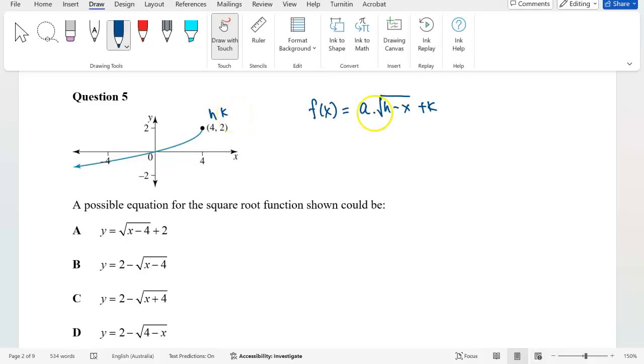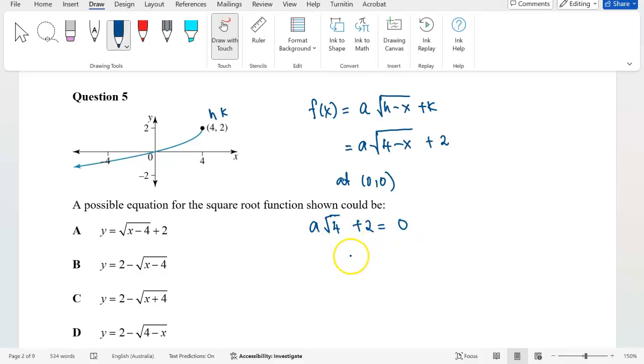So in this case your answer should be plus 2. Everything is plus 2, so you have a square root of 4 minus x, plus 2, and then we have 0, 0. Because it passes through the origin, you're going to get a square root of 4 plus 2 equals 0.